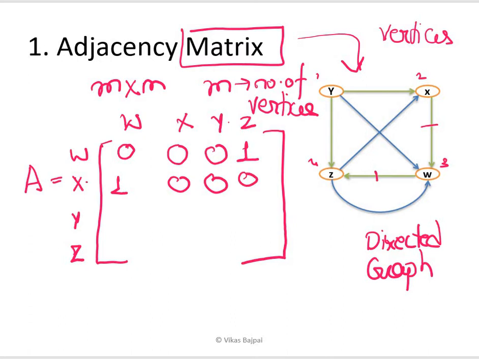Now from y to w, of course, yes, we have this, so we are adding 1. From y to x, yes, we are adding 1. From y to z, yes, I have this, so I'm adding 1. Next, let's talk about z. From z to w, yes, I have this, so I'm adding 1.